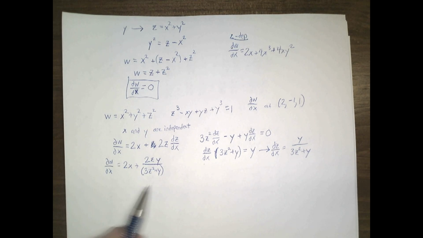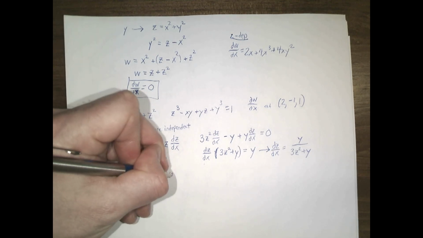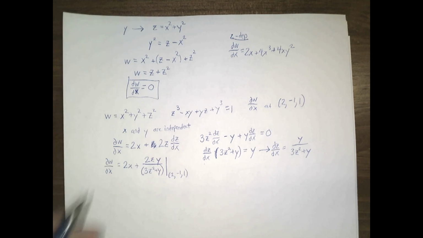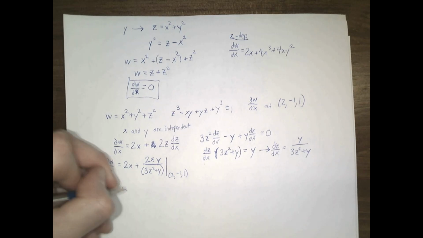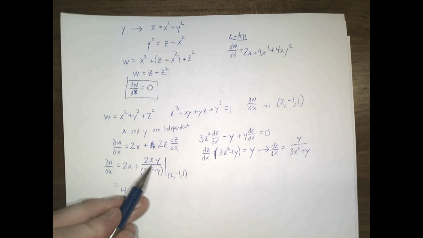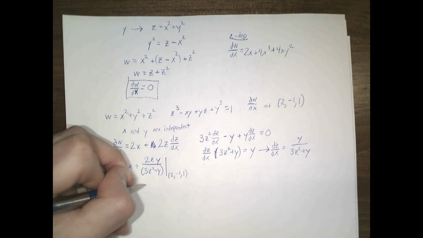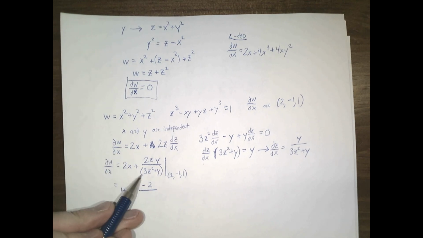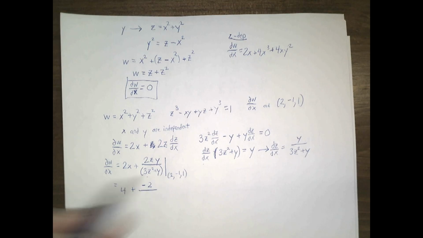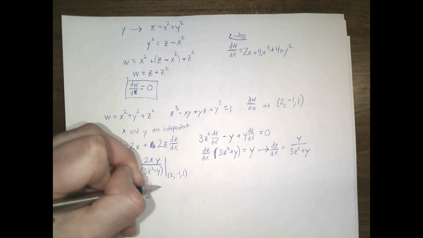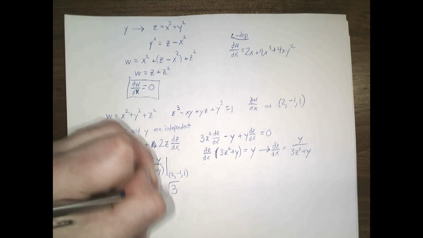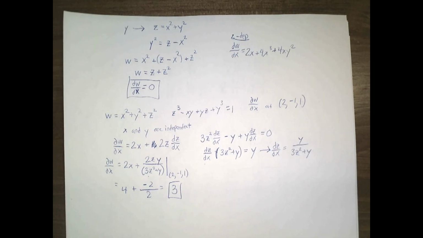We've got everything in terms of x, y and z, and so we can just plug in our point, (2, -1, 1). So we'll get 4 plus z times y is -1, so -2, over 3 times 1 minus 1 is 2. So we get 4 minus 1 is 3 at the end of all of that.